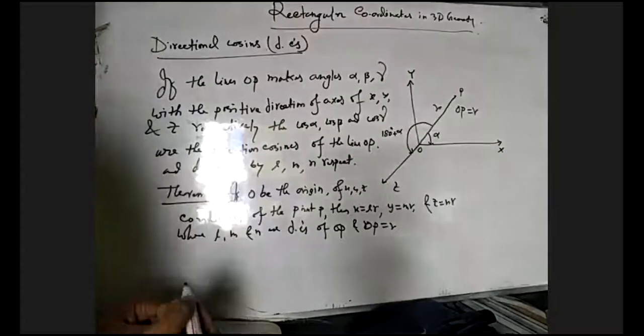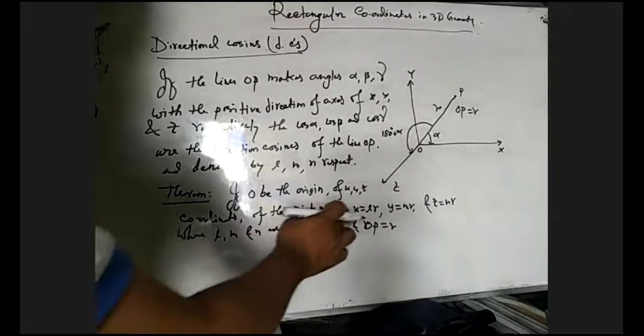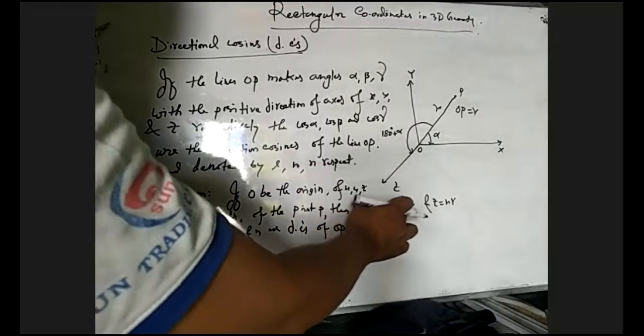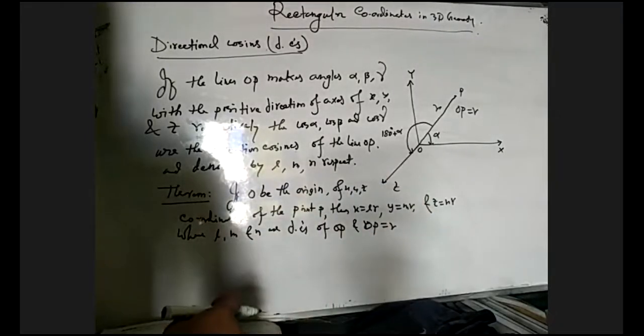This is the length r. So x equals lr, y equals mr, and z equals nr.